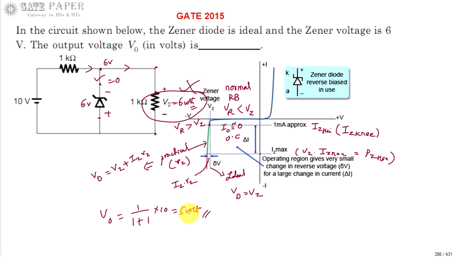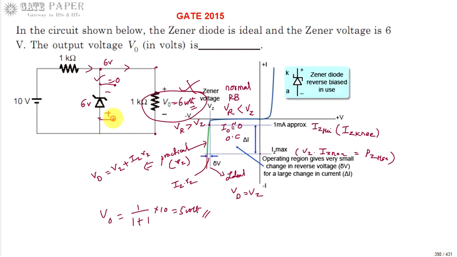But to make the Zener diode operate in the Zener breakdown region, it requires 6 volts. According to the 10 volt source and the 1 kilo ohm and 1 kilo ohm resistances, only 5 volts is supplied to the Zener diode. So it will not go into the breakdown region; it will be in normal reverse bias mode only. Under normal reverse bias mode, it acts as an open circuit.